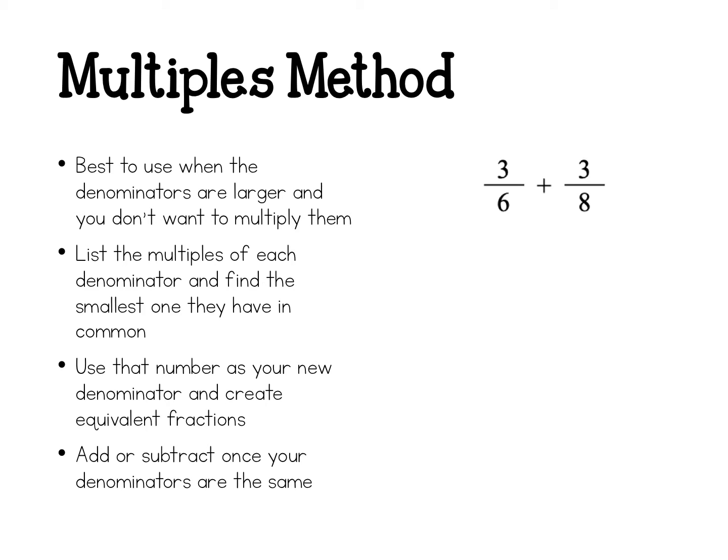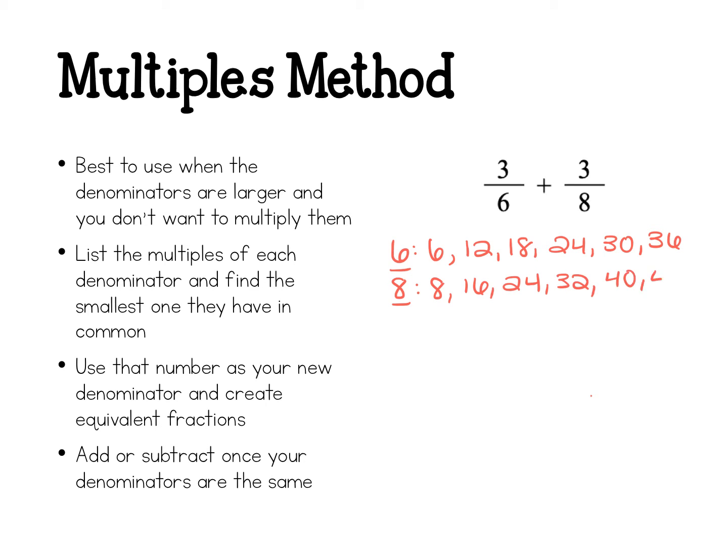So if I look at the multiples of 6, I would have 6, 12, 18, 24, 30, 36. If I list the multiples of 8, I'd have 8, 16, 24, 32, 40, 48, and I could keep going if I needed to.